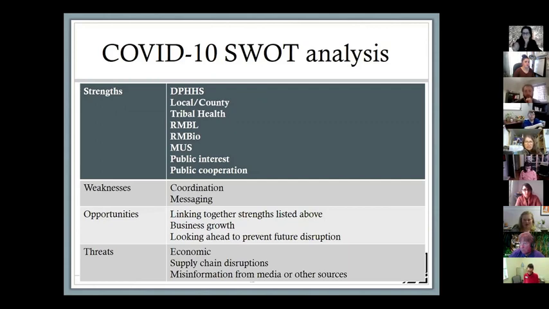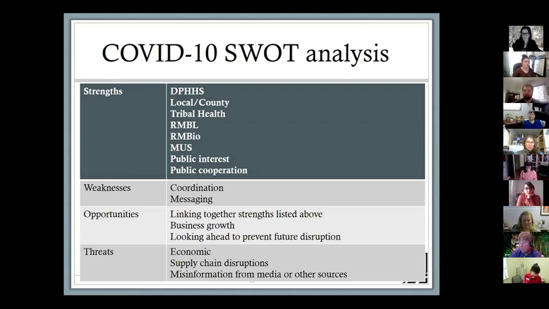So in addition to some of the usual suspects, DPHHS, city, county, local, tribal health, we also have Rocky Mountain Biological Lab, which is a separate company that was involved early in the development of testing capacity, the Montana University system. Of course, there's a lot of public interest and public cooperation. So those are strengths that you could see could all be brought to the table in a COVID-19 testing effort.